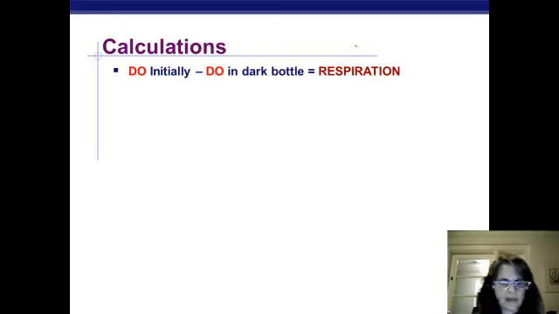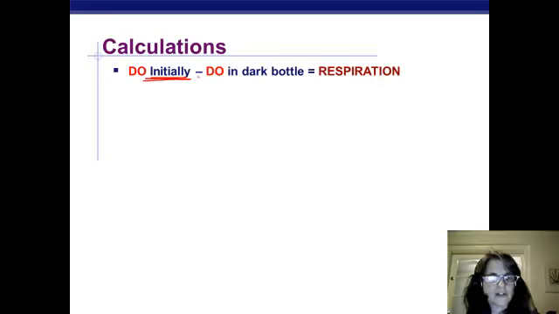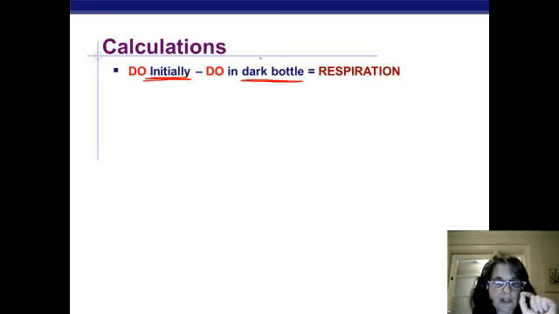Let's say we've collected our water samples, we've held them for 24 hours, and now we're measuring and we've got our results. We know how much dissolved oxygen was present after 24 hours. We do some calculations. We do the initial bottle dissolved oxygen minus the dissolved oxygen in the dark bottle. In the dark bottle, the only thing that could happen is respiration.